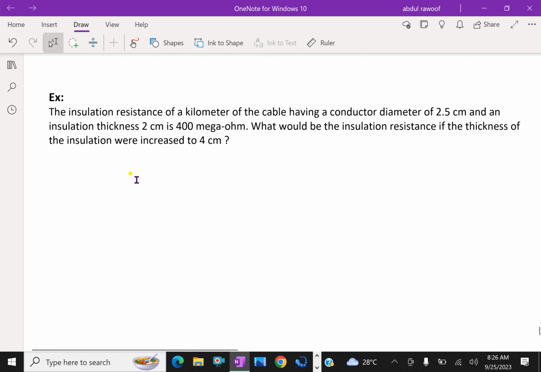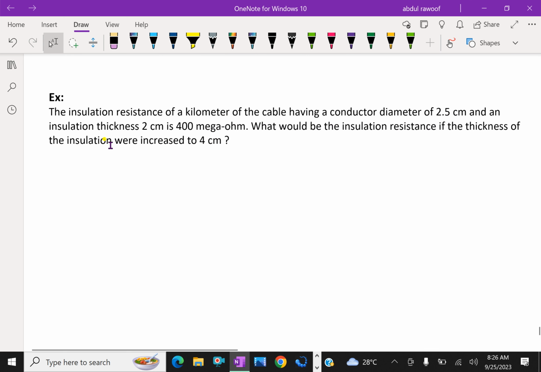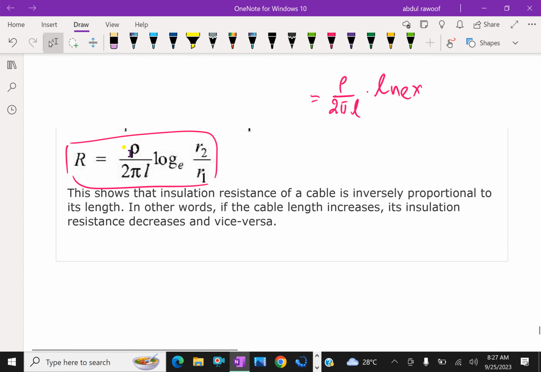The insulation resistance of 1 kilometer of a cable having conductor diameter 2.5 centimeter and insulation thickness 2 centimeter is 400 mega ohm. What would be the insulation resistance if the thickness of the insulation were increased to 4 centimeter? First, the insulation resistance R equals rho by 2 pi L log e R2 by R1.